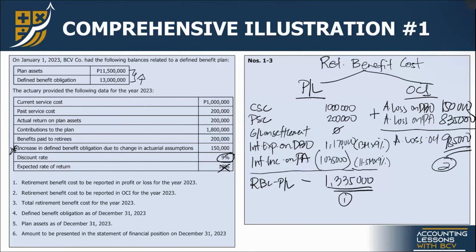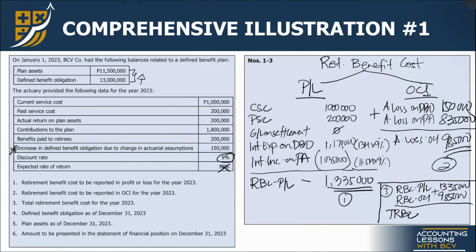Then for number 3, anong tanong sa number 3? Total retirement cost, no? So for number 3, gagawin lang natin dyan, combine nyo lang yung sagot ng numbers 1 and 2. So retirement benefit cost na nasa P&L at yung retirement benefit cost na nasa OCI. So this will be your total retirement benefit cost. Okay? Ayan. So na nasa P&L, 1,335,000. Ang nasa OCI, 985,000.